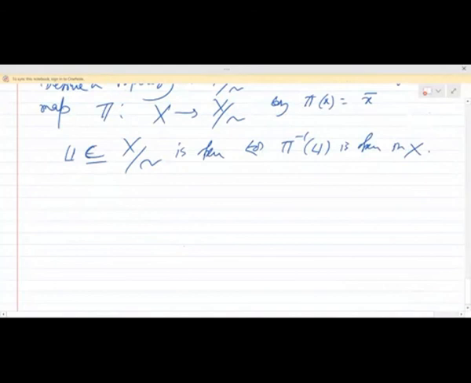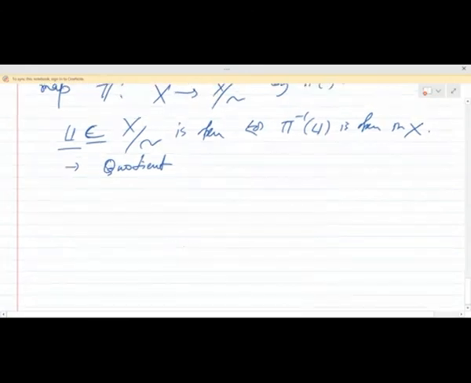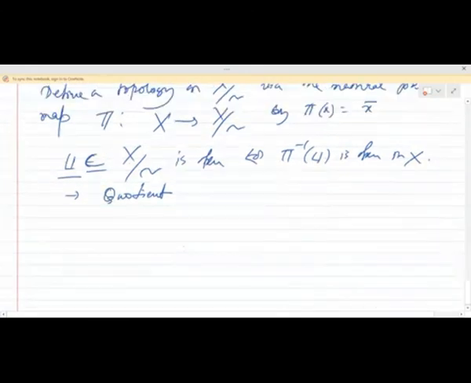It is called the quotient topology. This definition of open sets actually gives you a topology.